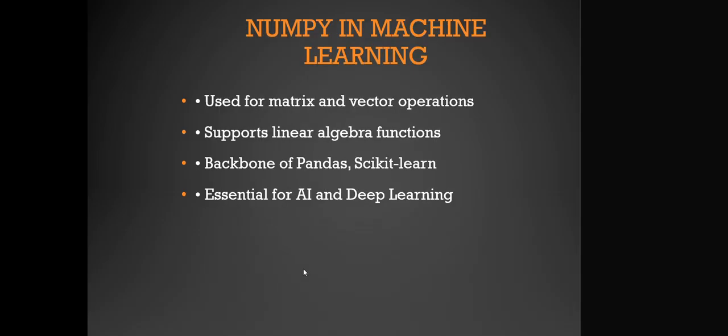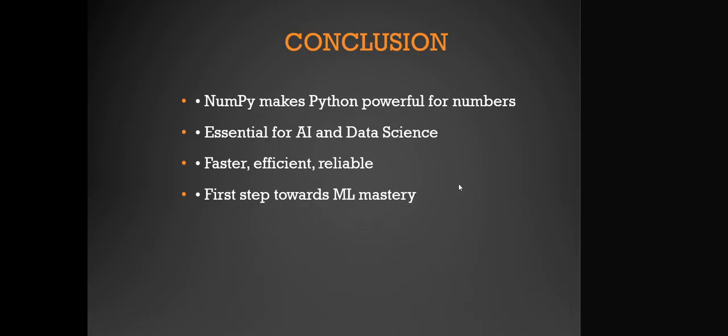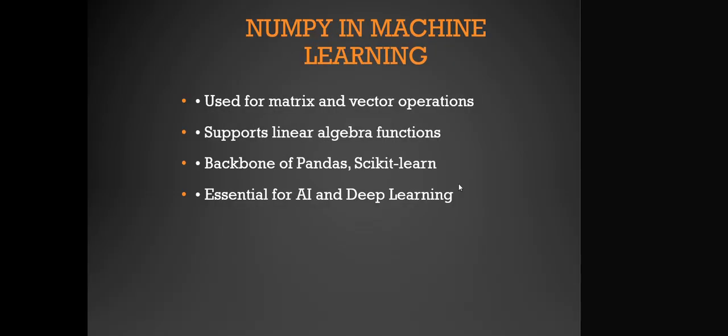Our next topic is NumPy in machine learning. ML is actually built on vectors, matrices, and linear algebra, right? So NumPy provides faster matrix operations and dot products. It is used for matrix and vector operations, supports linear algebra functions, is the backbone of Pandas and Scikit-Learn, and is essential for AI and deep learning.